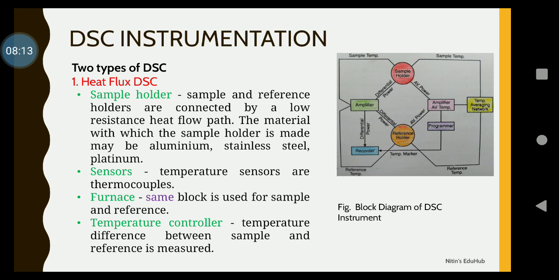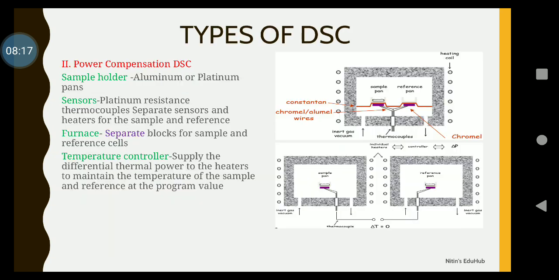Then furnace. The difference between the heat flux DSC and the power compensation DSC is of their furnace. You can see in the above figure on the right hand side that only one furnace is there, the sample and reference have been kept in the single furnace, and only one thermocouple is attached.